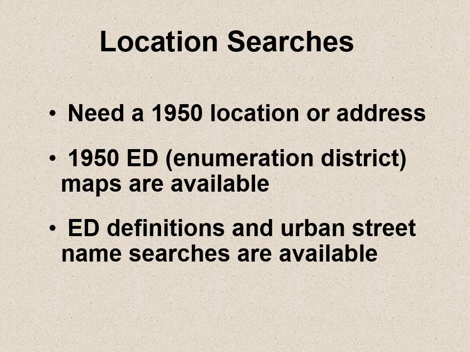But if you had that, there are 1950 enumeration district maps available right now so that you can look at a map, find your location, and find the ED number. There are ED definitions and urban street name searches that are now available, and that's on the One Step website, and I'll talk about that later.